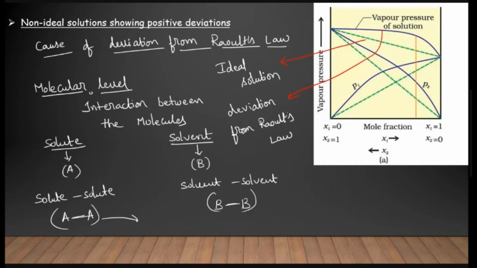When you mix the solute and the solvent, the solute-solute bond will break and the solvent-solvent bond will also break, and a new bond is formed. That is, the solute forms a bond with the solvent, which I will write as A and B.